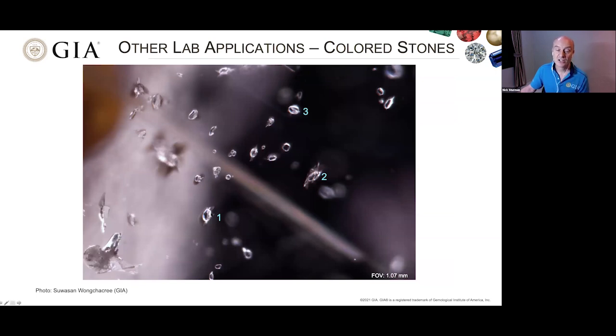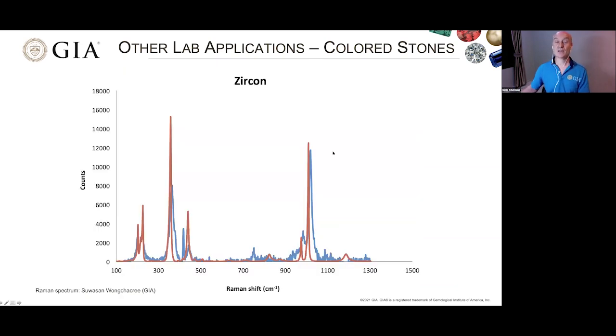And in actual fact, we analyzed these three crystals with Raman too afterwards, just to make sure that we're not just checking by X-rays. The results showed that it was zircon. So of course, zircon has zirconium in it, and that's why the crystals were showing as opaque spots on the X-rays.